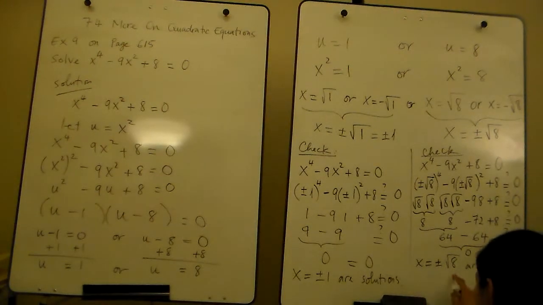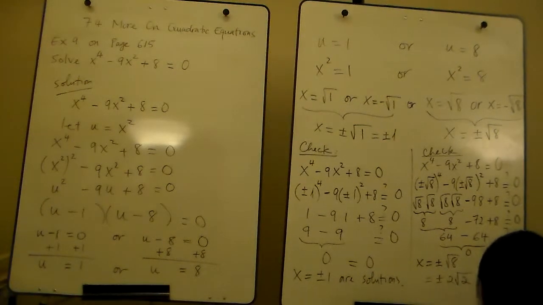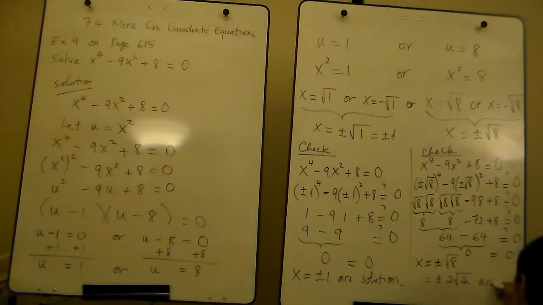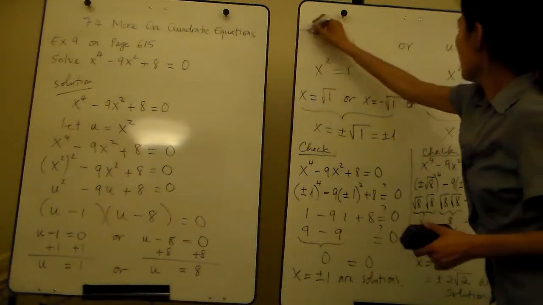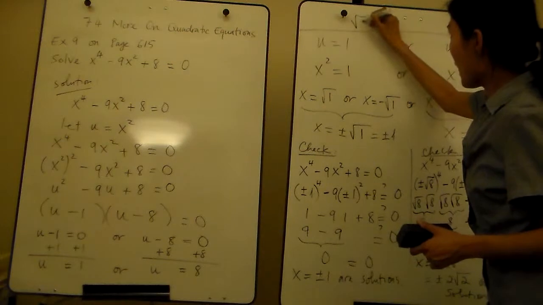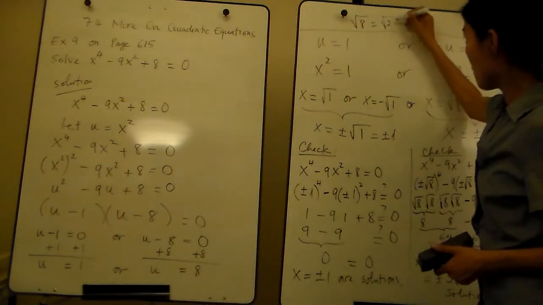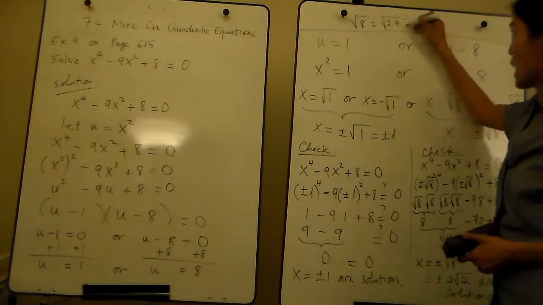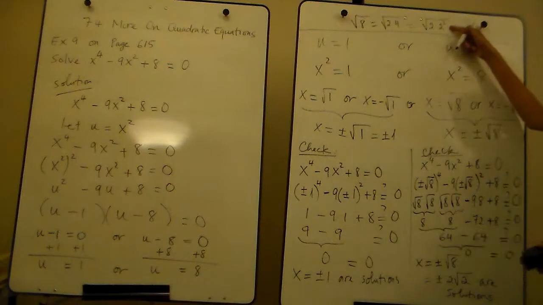But notice that square root of 8 you still can simplify. You can simplify this to 2 square root of 2. The reason is, for square root of 8, think about 2 times 4 is 8, and 2 times 2 squared is 4.